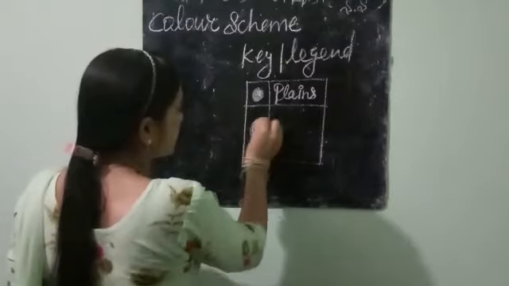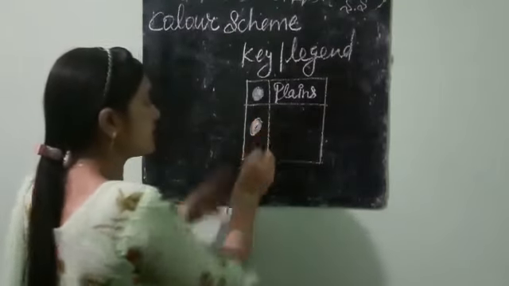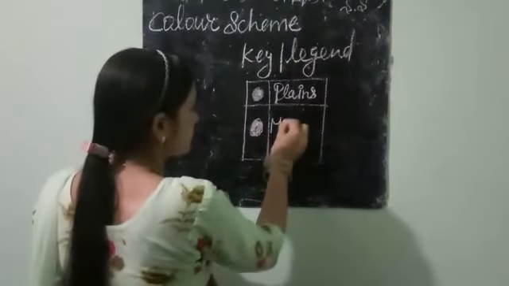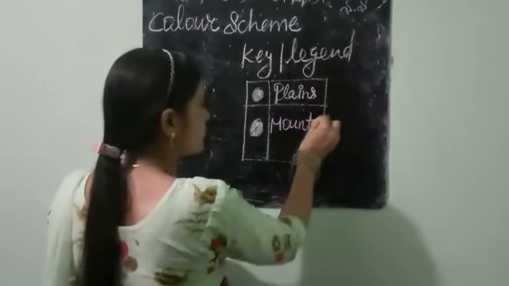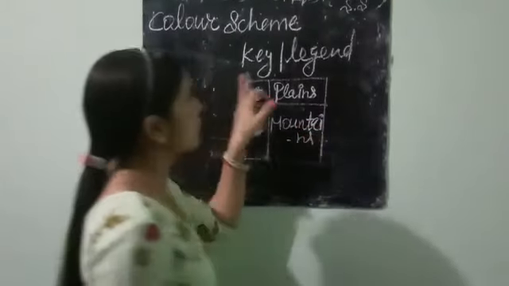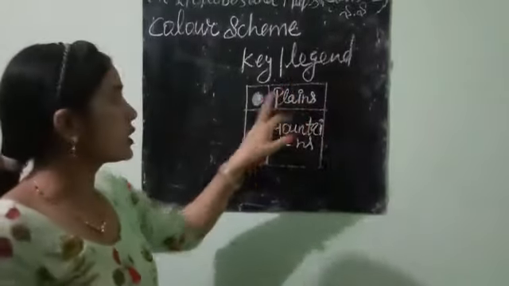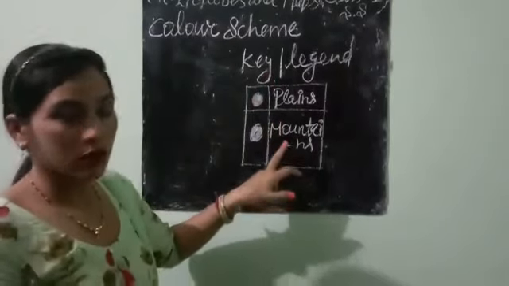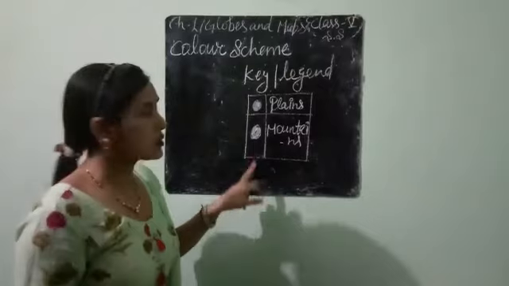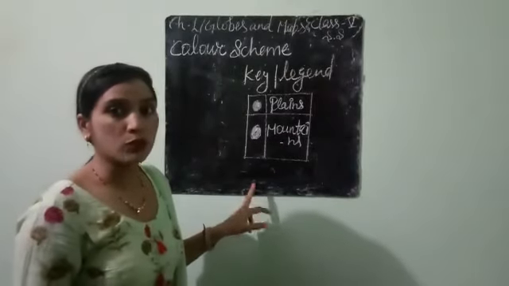If we use dark brown color here, it means this dark brown color is showing the mountains. This type of key or legend, or you can call it an index also, gives information about the colors, which type of information they are giving to us.